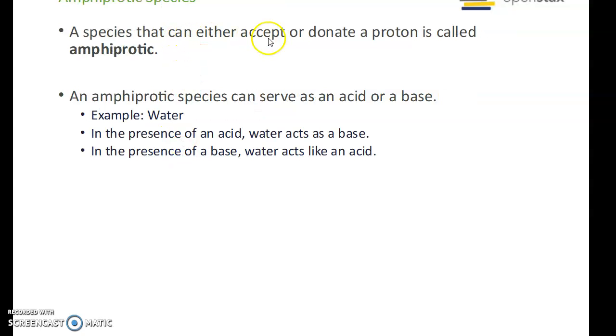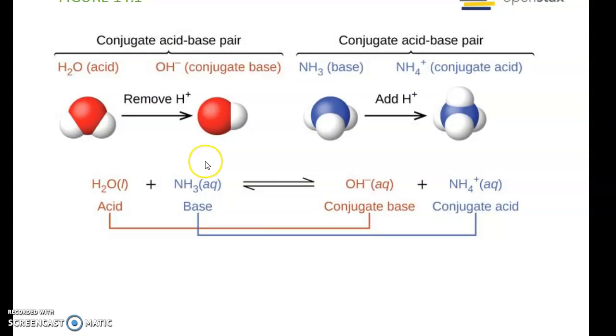A species that can accept or donate a proton is called amphiprotic. Key one there is water. In the presence of an acid, water acts as a base. In the presence of a base, water acts like an acid. Here you have water. Here you have OH minus, in the presence of a base, right?